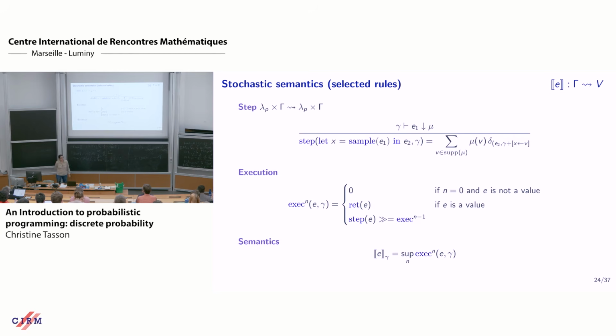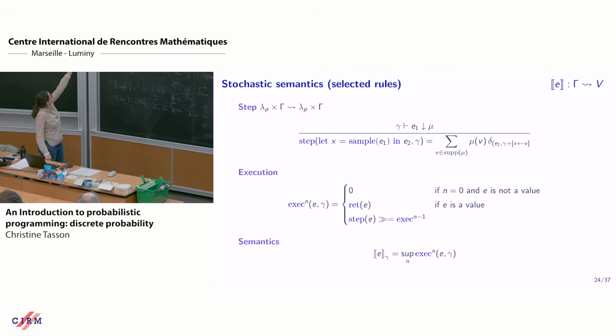So I can define step by step the stochastic semantics rule. The step will take an expression E in my language, lambda p, and an environment gamma, and it will produce a subprobability distribution over pairs of expression and environment. So when I evaluate an expression in an environment, I get a probability distribution over new environments and resulting expressions.